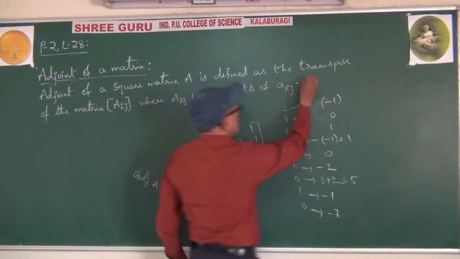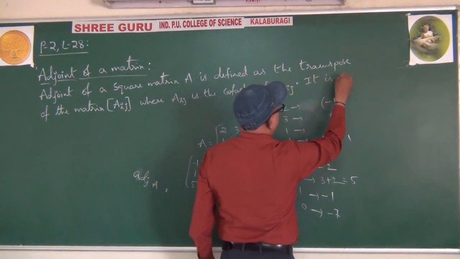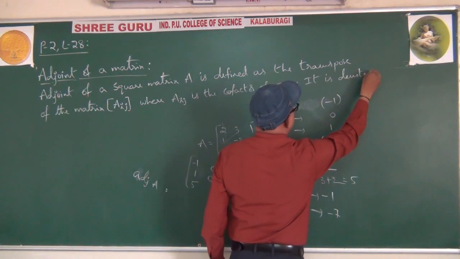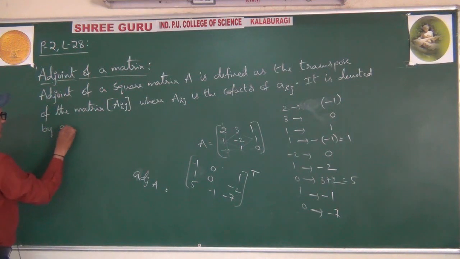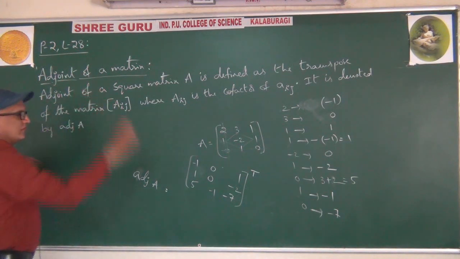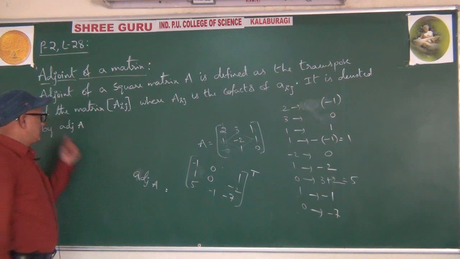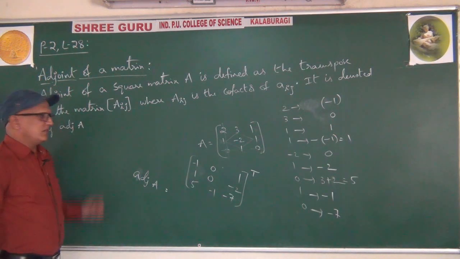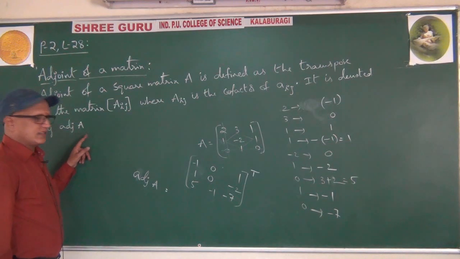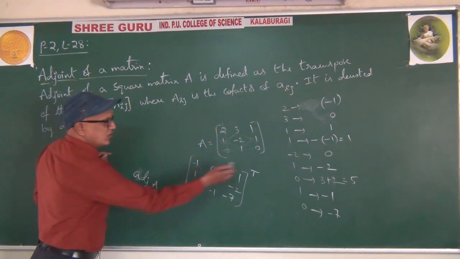It is denoted by adj A. It is adjoint A only. But while writing, we write like this: adjoint A equal to transpose of this one.